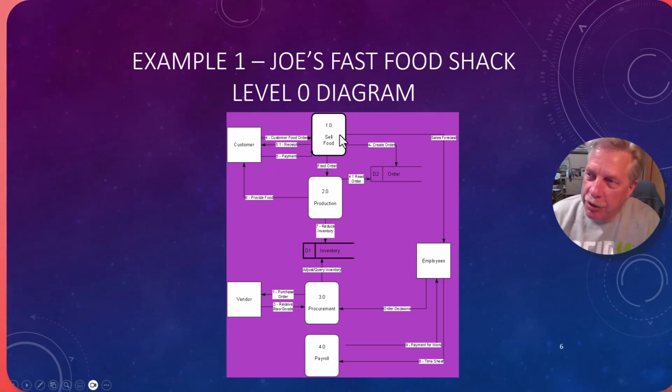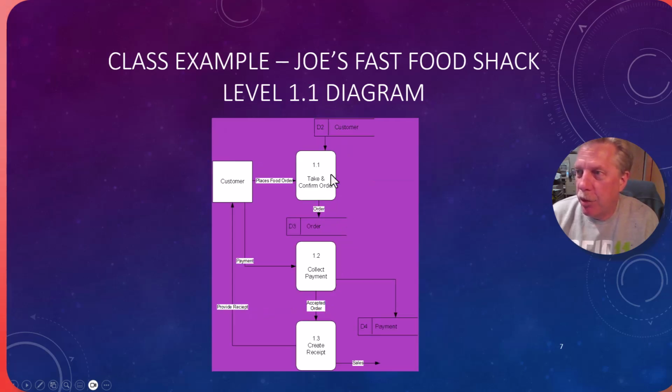The next step is to decompose each of these 4 processes into its respective detailed pieces. So we go from the context diagram to the level 0, and then when we explode these, they become the level 1 diagram. So the level 1 diagram for 1.0 would be these steps.